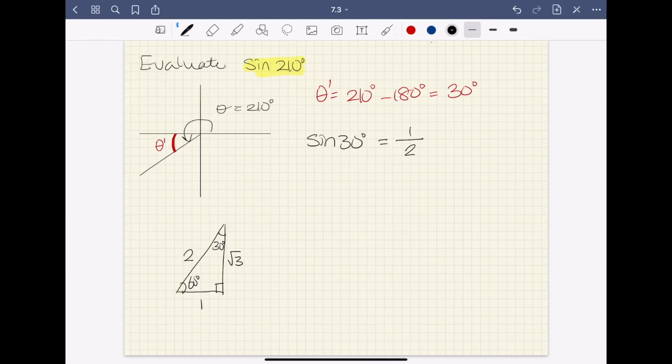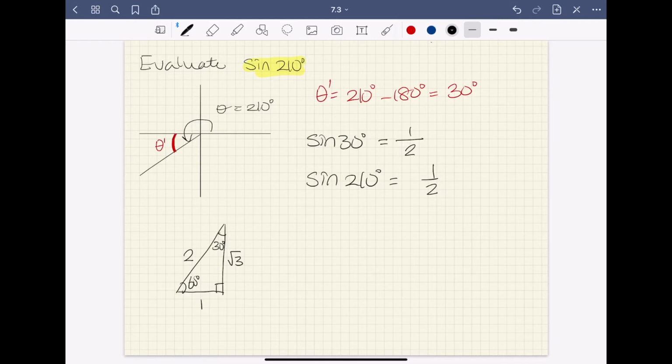But our question is sine 210 instead of sine 30 degrees. Even though their values are the same, the sign will be a little different.